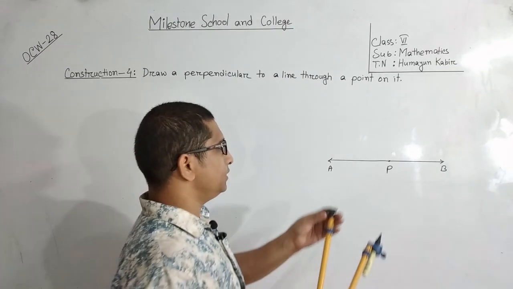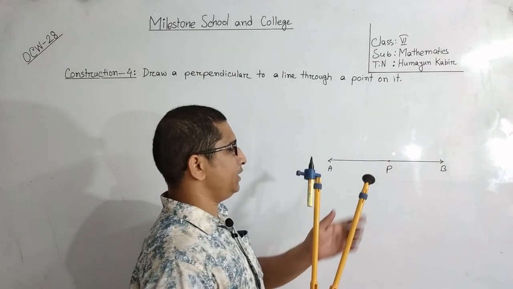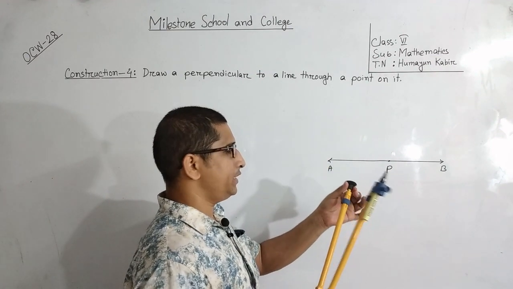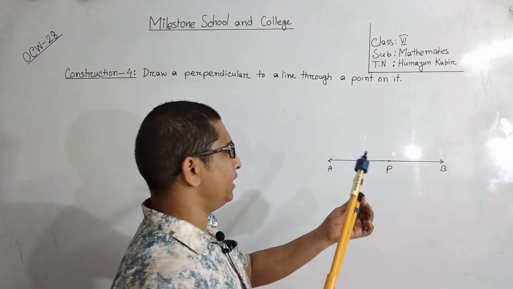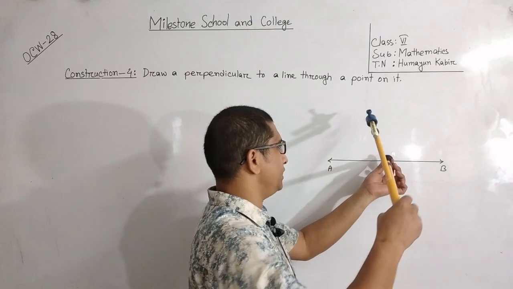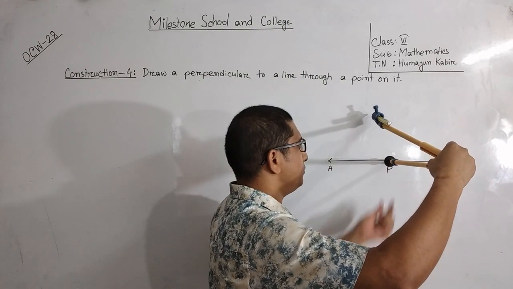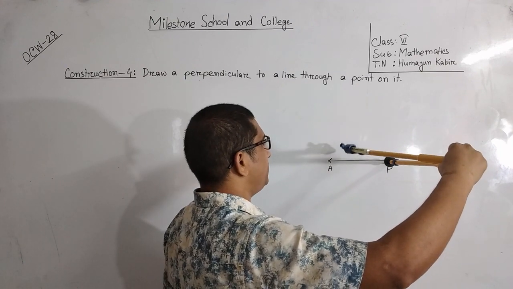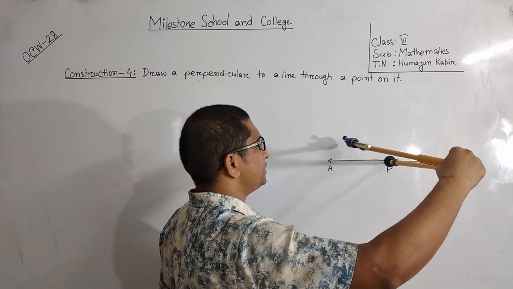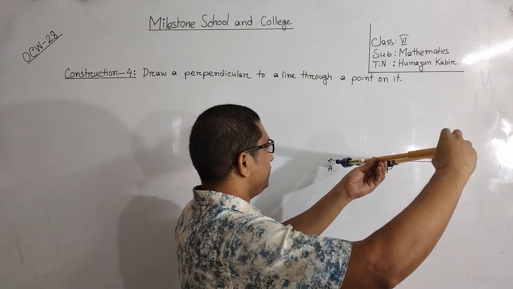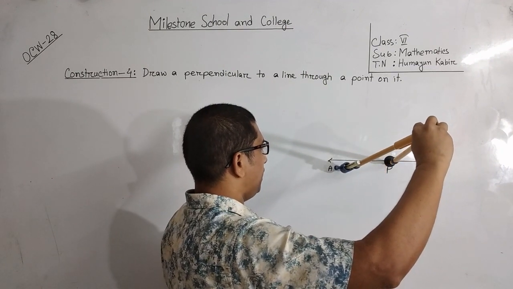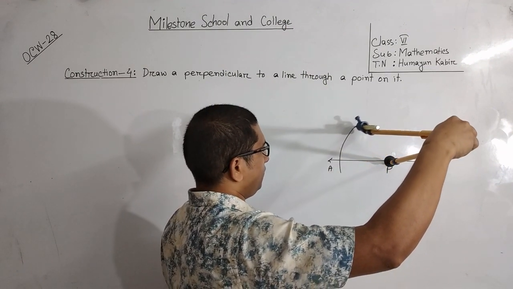Now look at here. This is the pencil compass and it is a pointer. So taking the suitable radius, here this pointer you will set on the point P. Okay. So here you will set like this way. After that, taking the suitable radius, any radius, here you will draw one arc.